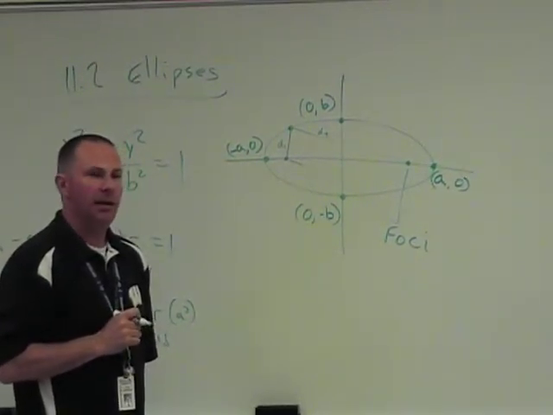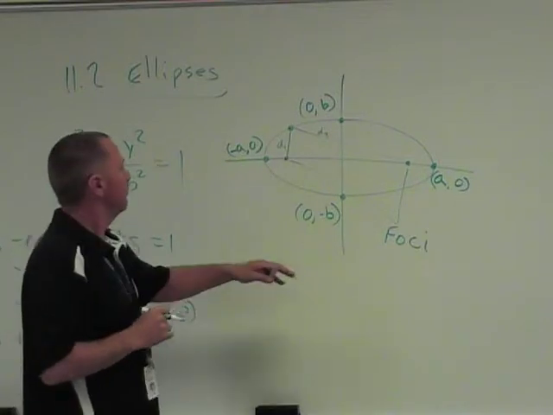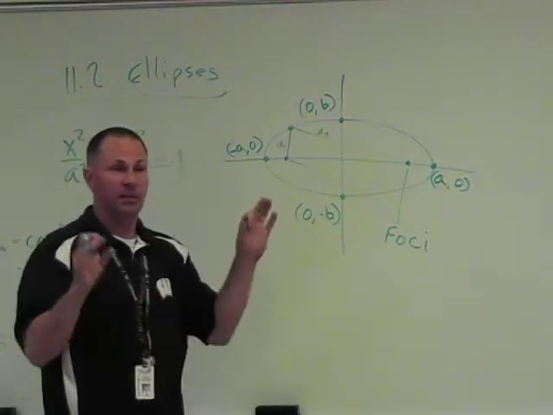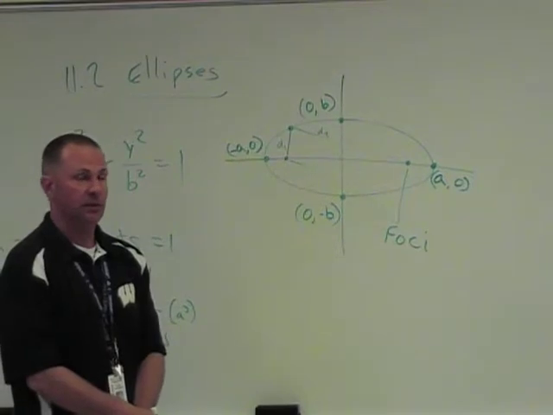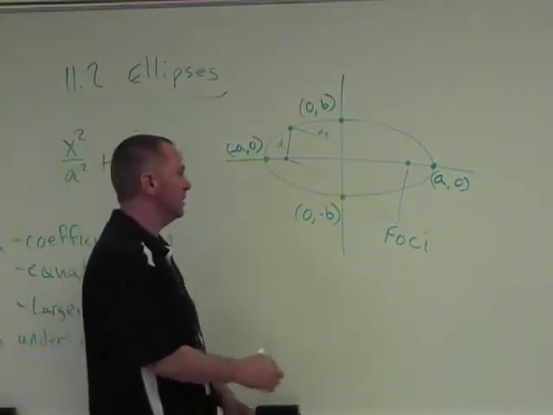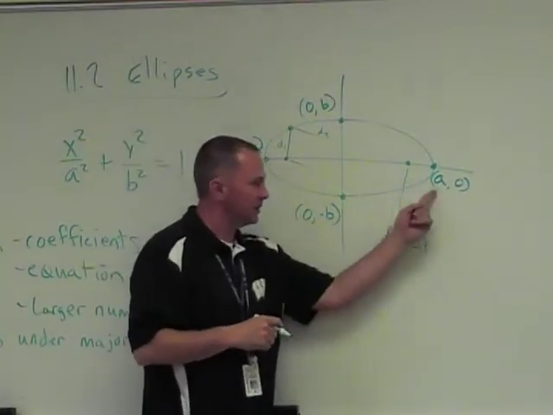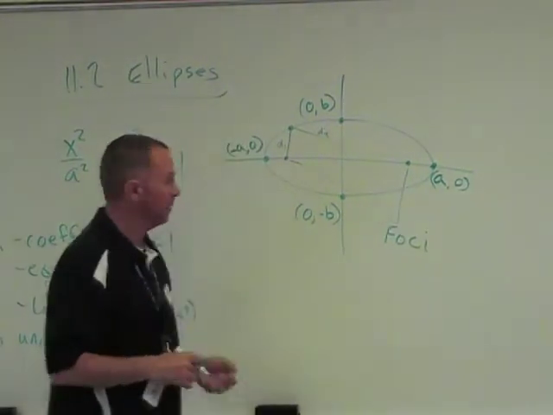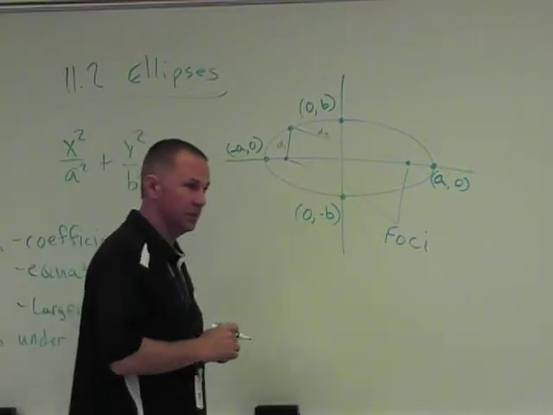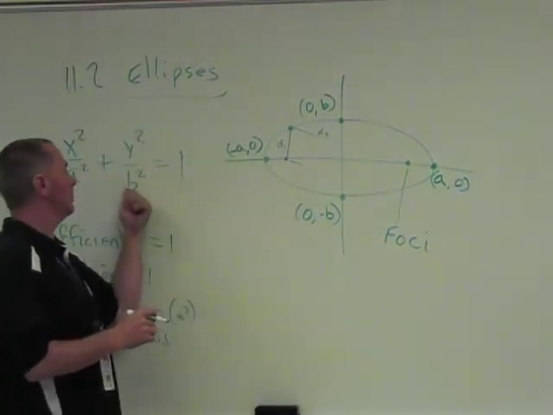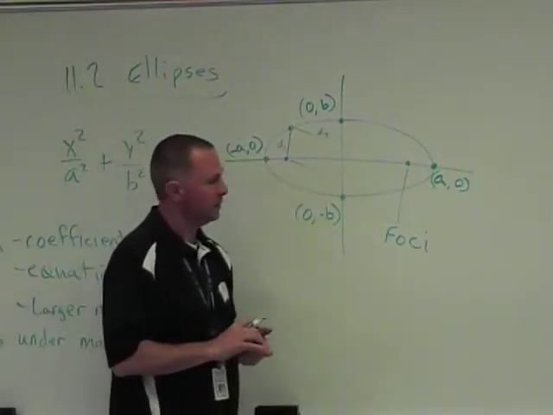So now we know what a and b are. Positive and negative a give us our major vertices. Our minor vertices are positive and negative b, but notice they're in different positions, x's and y's. It all depends on where they're at. We can find a and b by taking the square roots of these denominators.